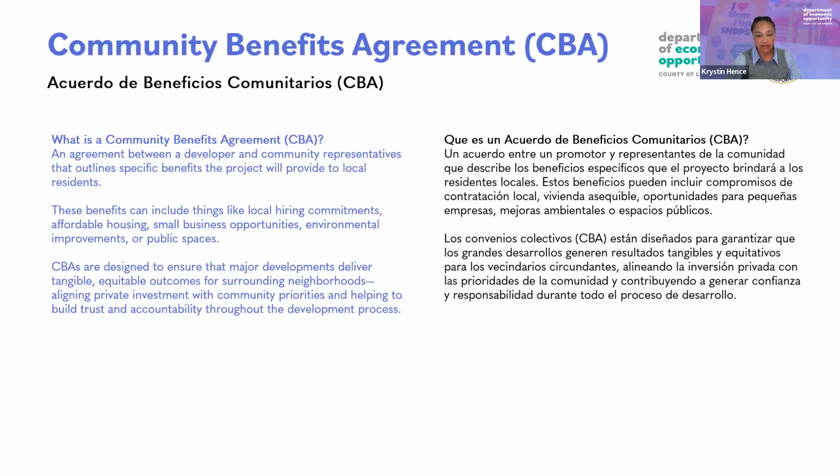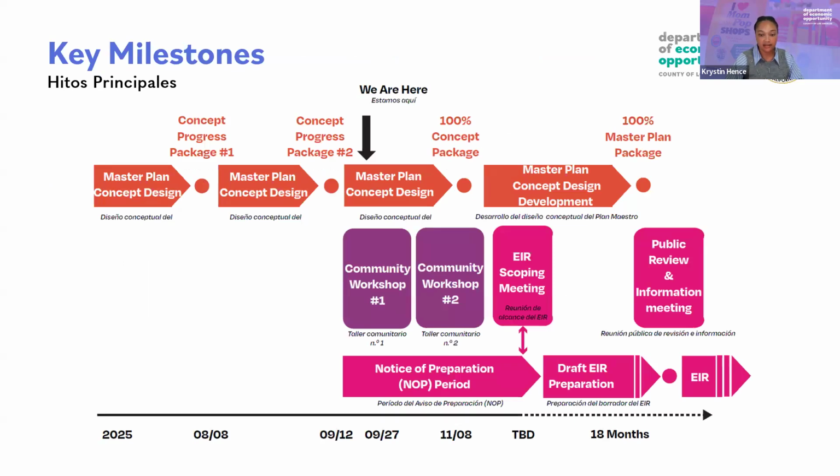And so as you think about ways that you can be involved from a community standpoint, we have a layer of different processes. We've got our master plan process, which, as I mentioned, for this particular phase and iteration started earlier this year, and has gone through concept package development. We had our first community workshop last Saturday, and we'll be having another one this fall.